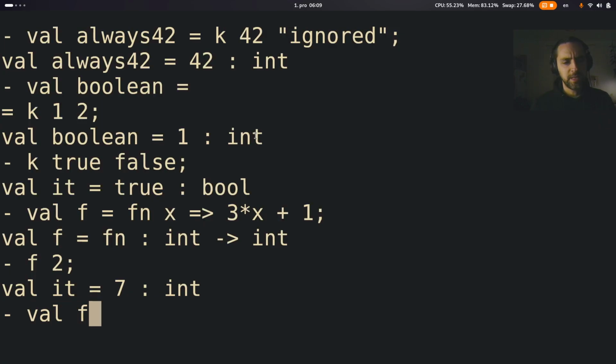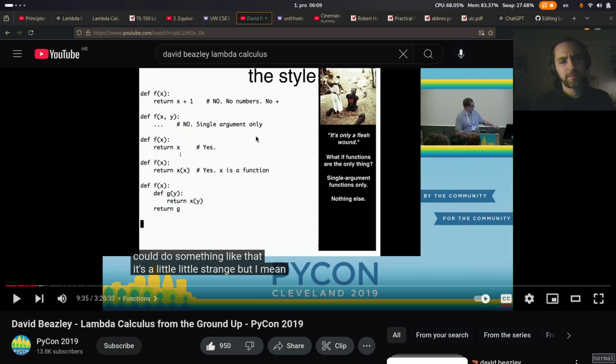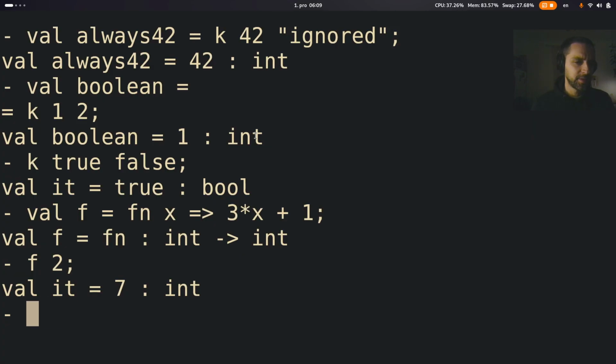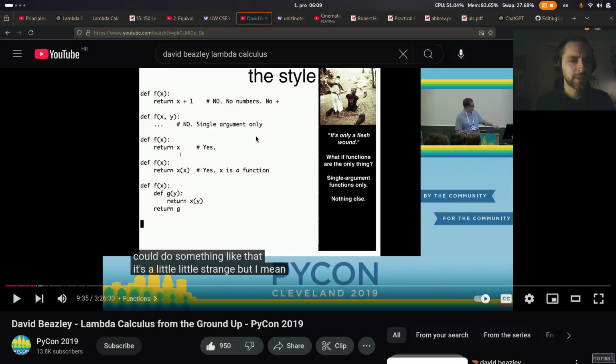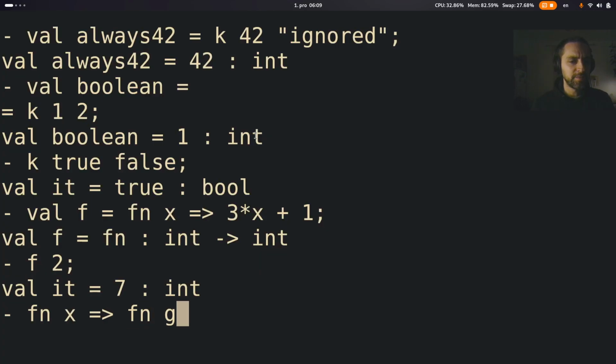So val f of x. Well, I guess we don't need the def, we could just do fn of x and fn of g.